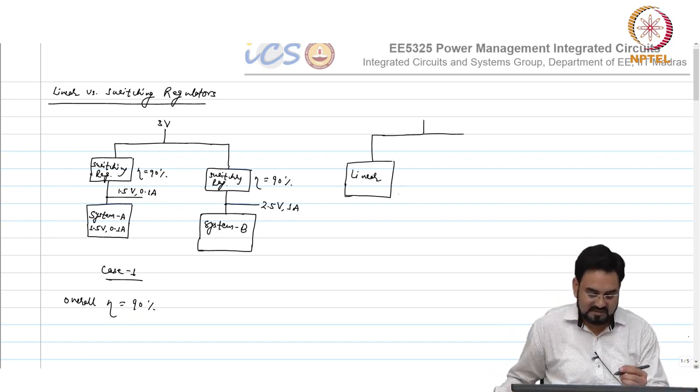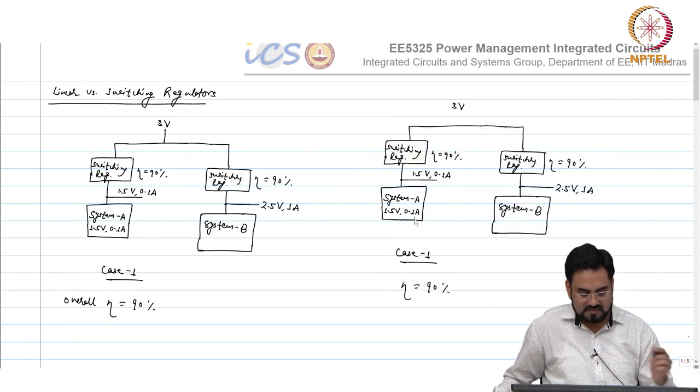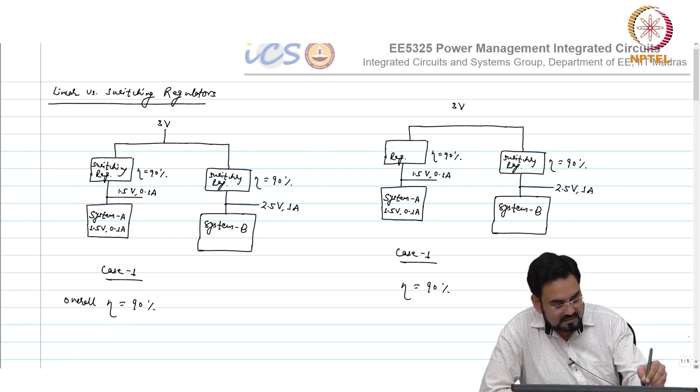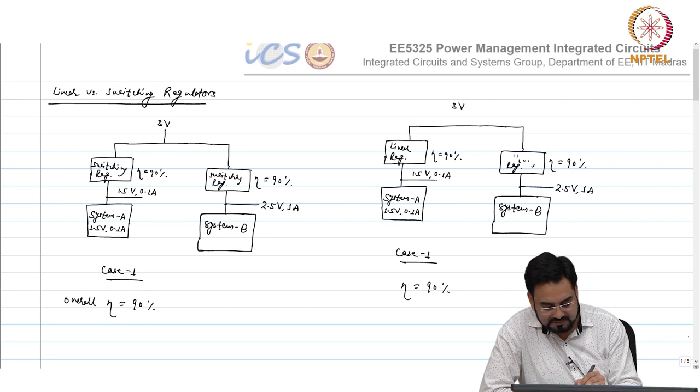Okay. Now let us take another case where both are linear regulators. So this is linear and this is also linear. We need to calculate the efficiency.